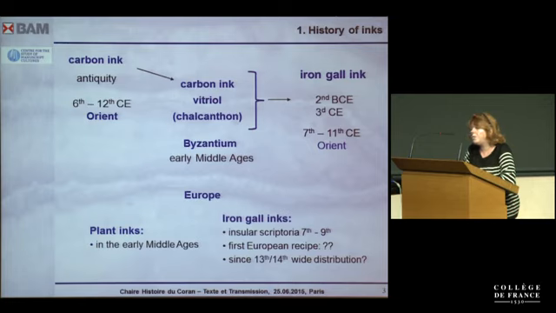However, the first recipe of this ink appears only in the 12th century, though by the 12th century, iron gall inks were all over. So in our work, we are studying manuscripts from different cultures and different times, and we are recording the composition of the inks, and we're trying to see how the exchange of inks went.